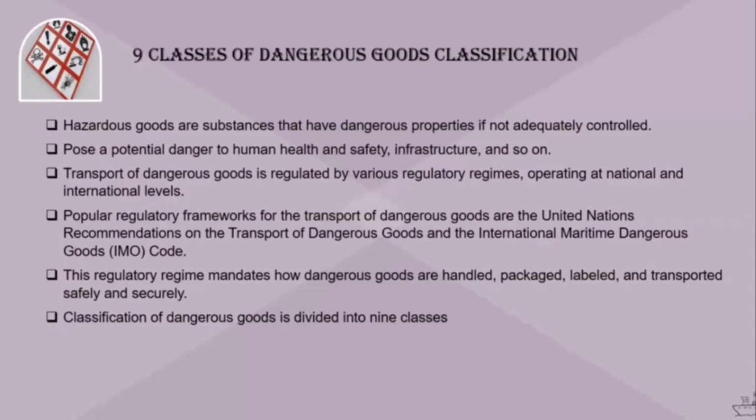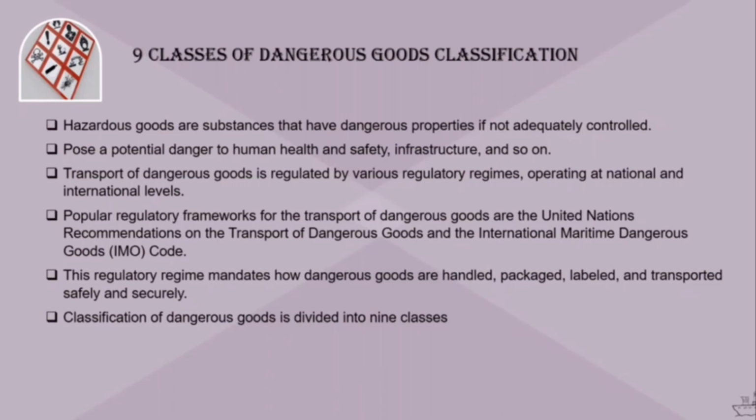The popular regulatory frameworks for the transport of dangerous goods are the United Nations Recommendations on the Transport of Dangerous Goods and the International Maritime Dangerous Goods, which is the IMDG code. These regulatory regimes mandate how dangerous goods are handled, packaged, labeled, and transported safely and securely.